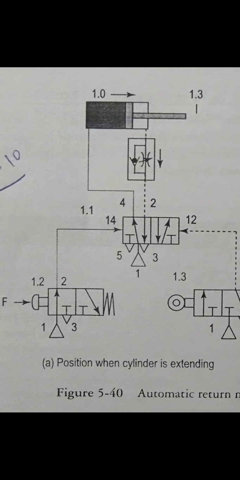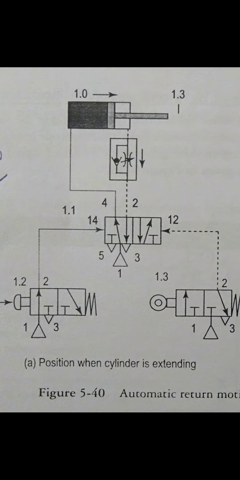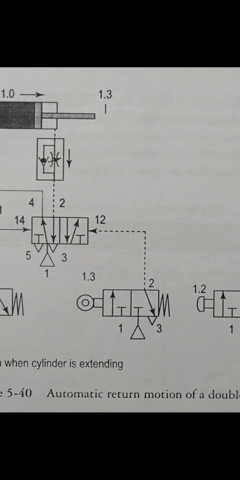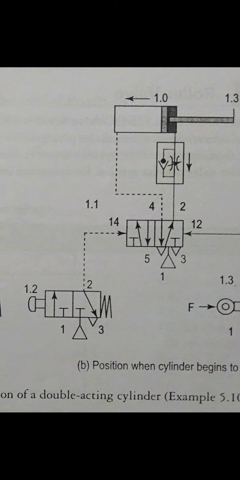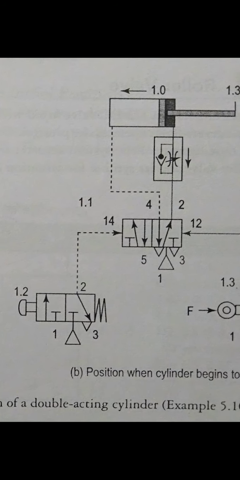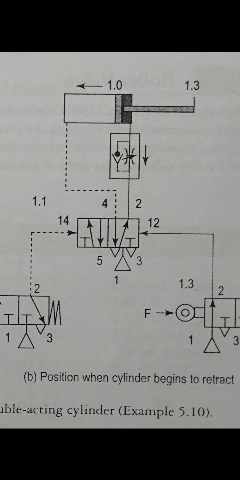So this is its position when the cylinder is extending and you are applying a force F. And this is the second position, when somehow you are mechanically or automatically applying a force to the roller valve.